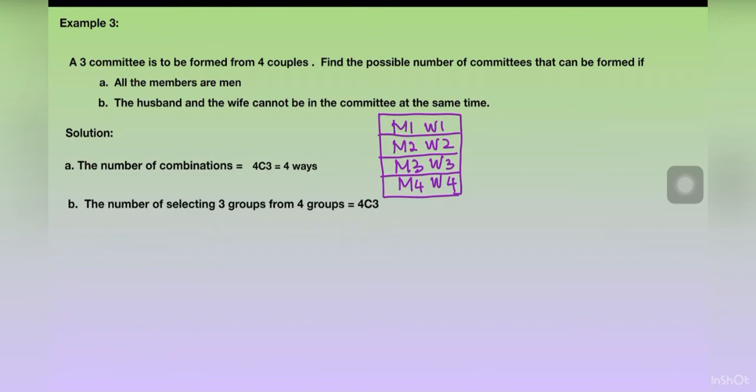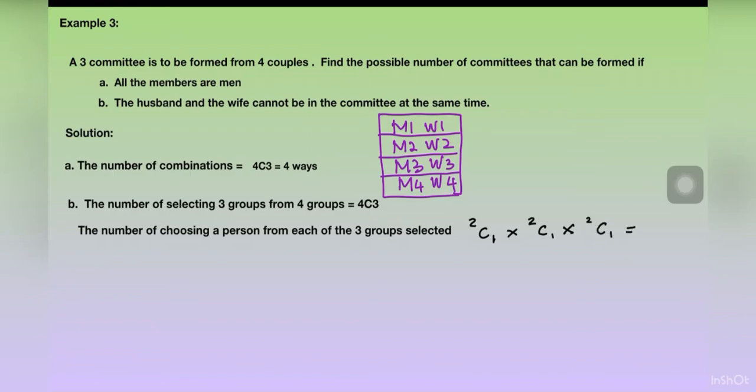We have to select 3 groups from the 4 groups, so 4C3 first. And the number of ways of choosing 1 person from each of the selected groups is 2C1 times 2C1 times 2C1 equals 8.